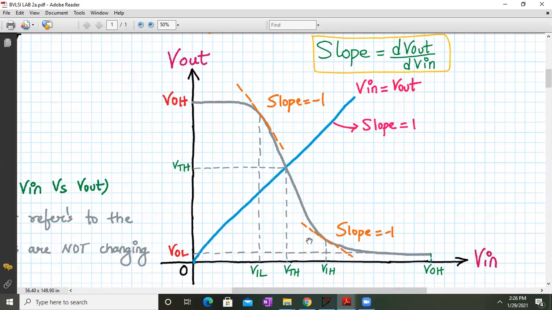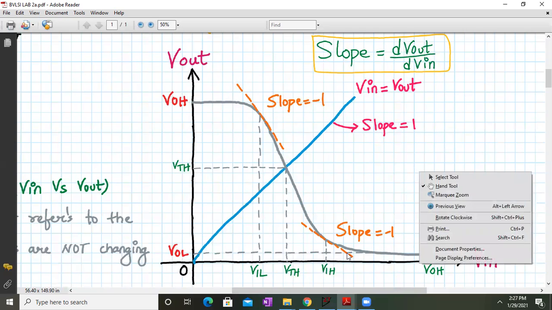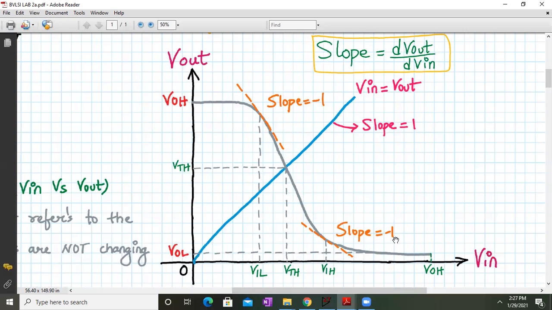Similarly, when the curve, that is Vout, is moving through the transition region, going down, the last point where the slope is equal to -1 is called VIH.